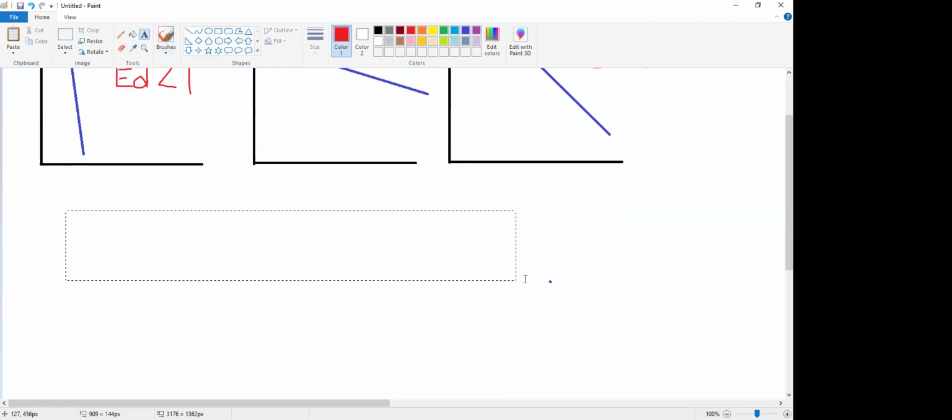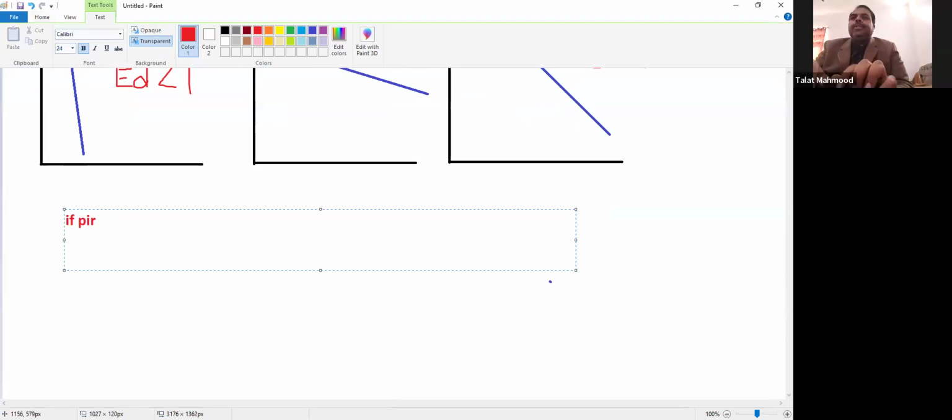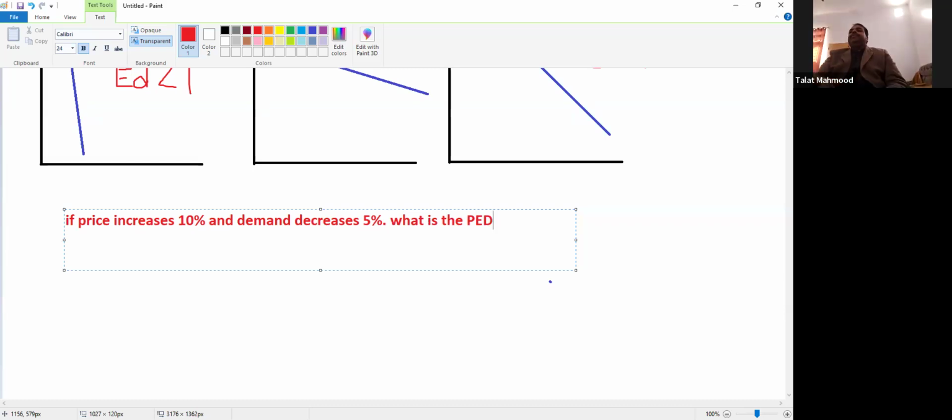So here is a scenario. If price increases 10% and demand decreases 5%, what is the price elasticity of demand? This one will be your last one.